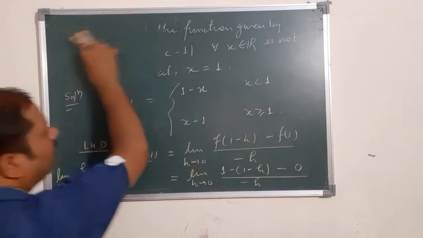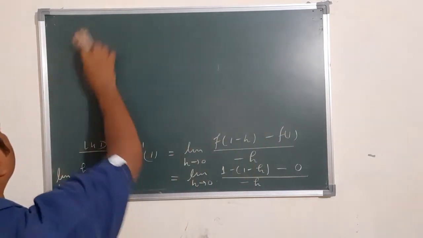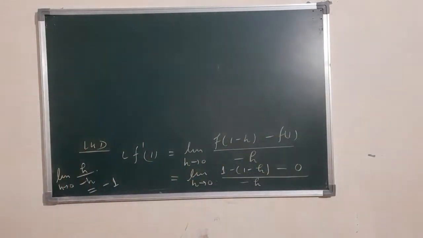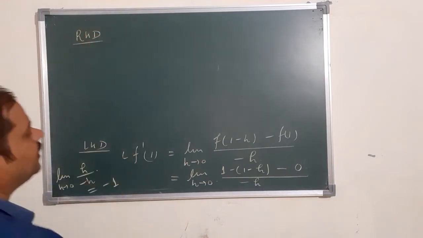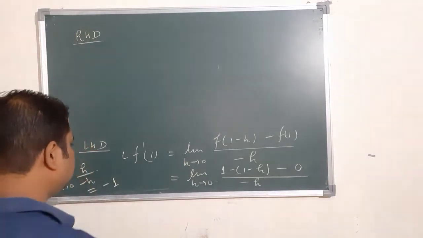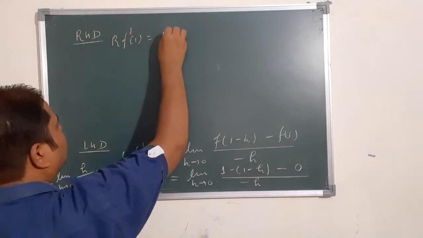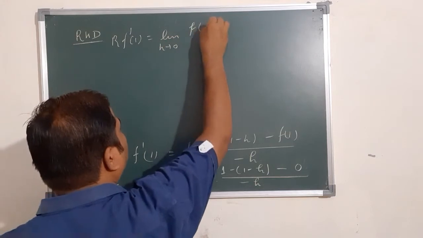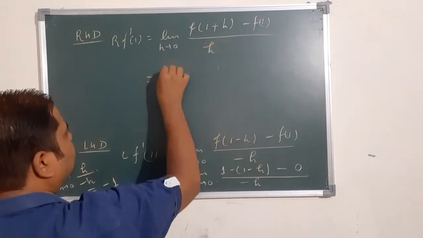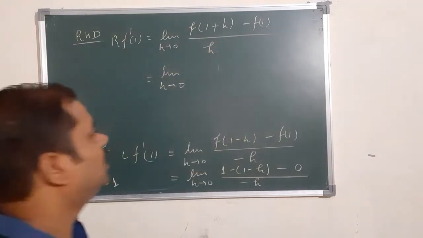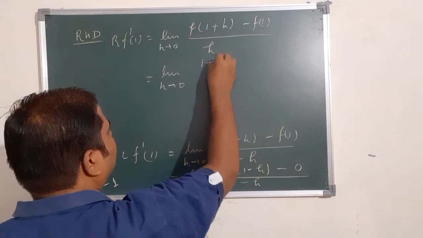RHD, the right-handed derivative: Rf'(1) is limit h tends to 0 of [f(1 + h) − f(1)] divided by h. For f(1 + h), the argument is greater than 1, so the function is x − 1, that means (1 + h) − 1.